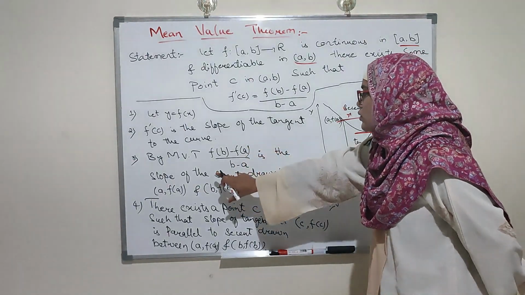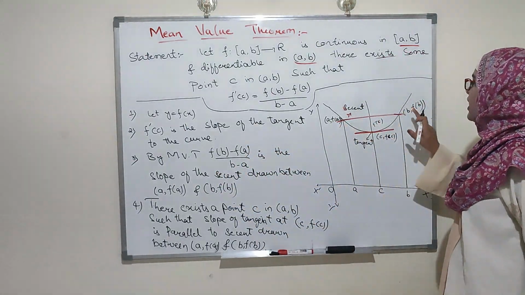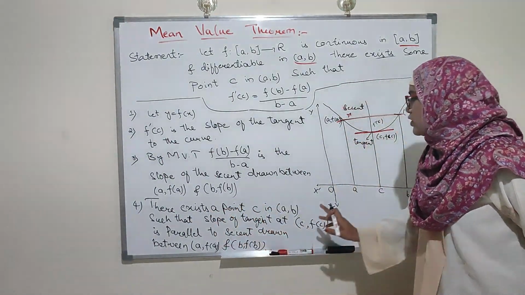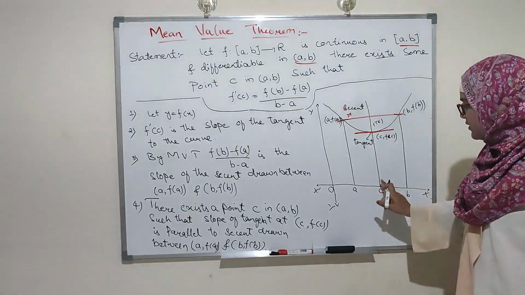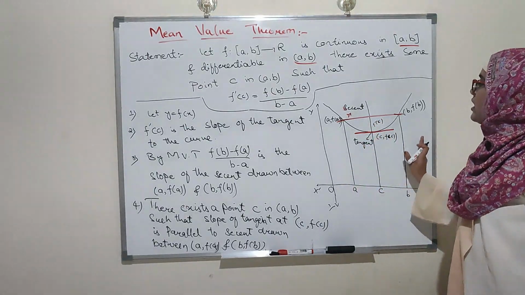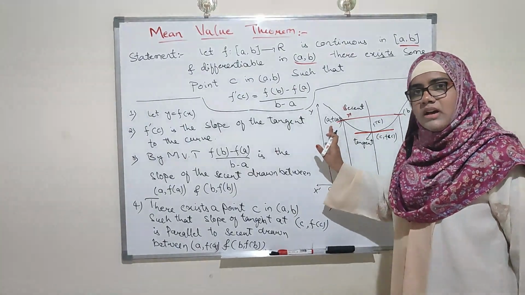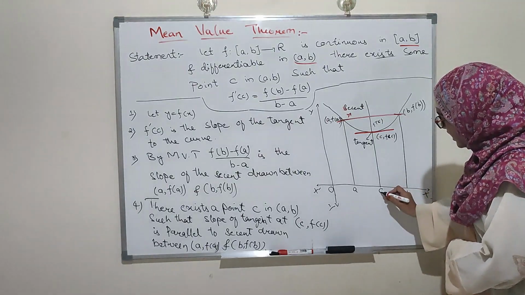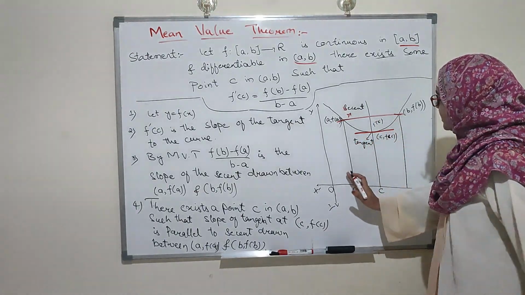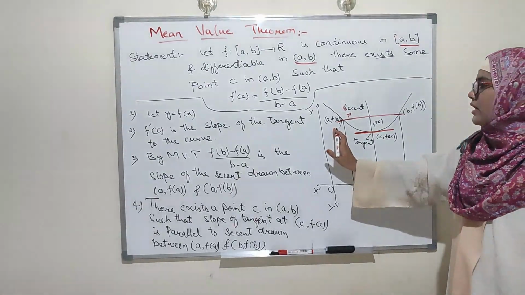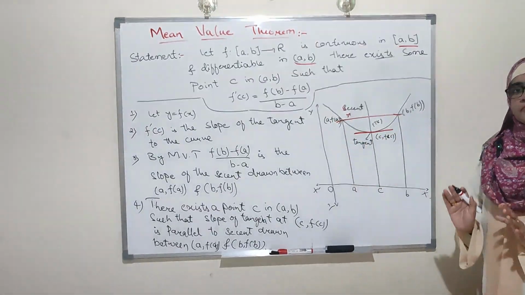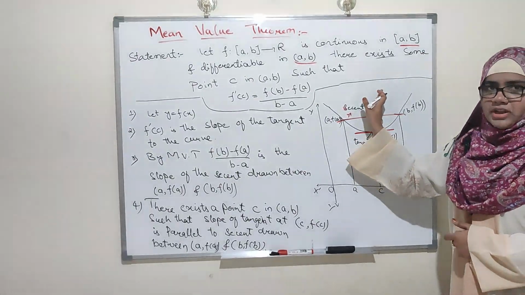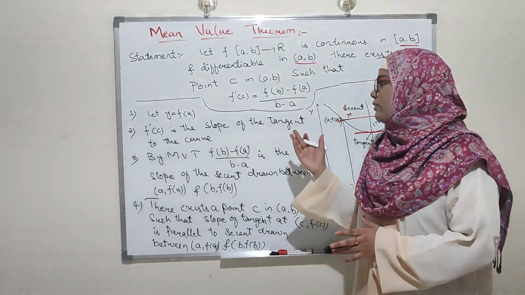Then there exists a point c in a b such that the slope of the tangent is parallel to the secant drawn between a comma f of a and b comma f of b. We can see that the line at c, the middle line, is parallel to the secant. So geometrically we can prove it by using the parabola.